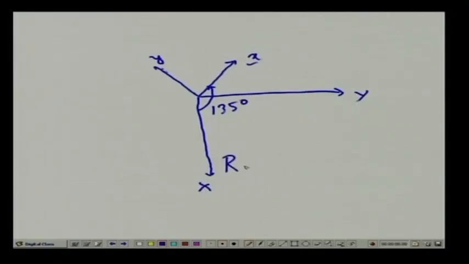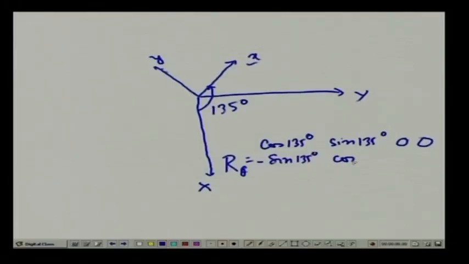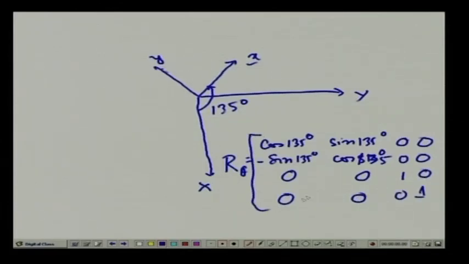And the corresponding rotation matrix, which is now given by R theta, will be equal to cosine 135 degree, sine 135 degree, 0, 0, then minus sine 135 degree, cosine 135 degree, 0 0, then 0 0 1 0, then 0 0 0 1. So, this is the rotation transformation that has to be applied to all the world coordinate points.